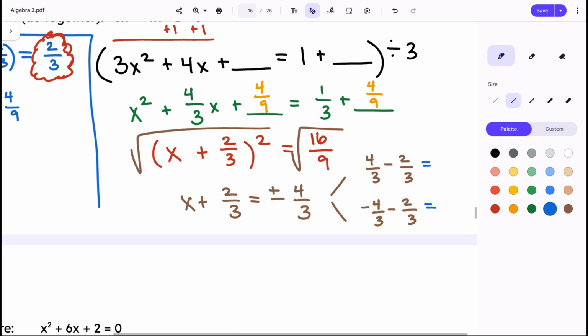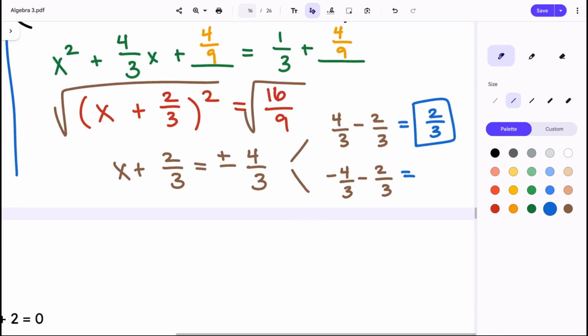So what's 4/3 minus 2/3? Just positive 2, I think, because 4 minus 2 is 2. So 2/3, there's one answer. And then over here, what would be negative 4/3 minus 2/3?